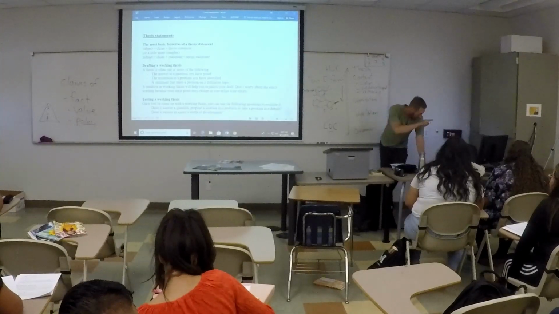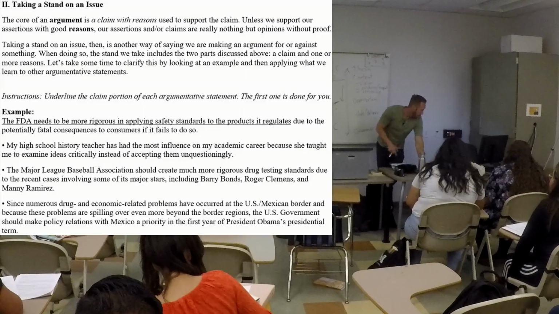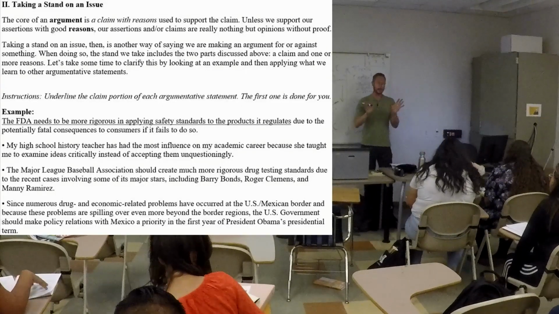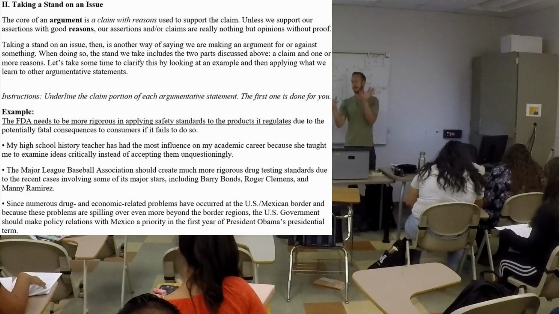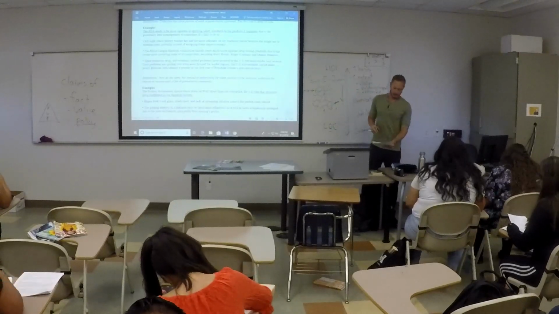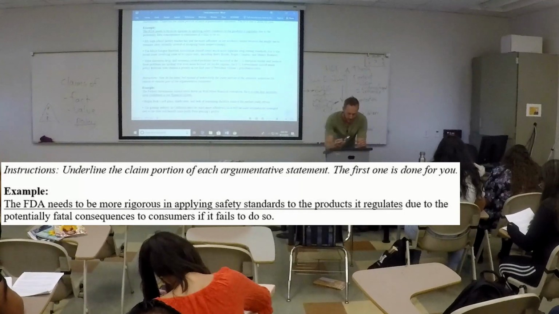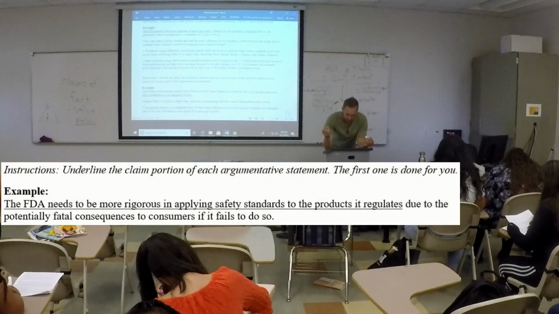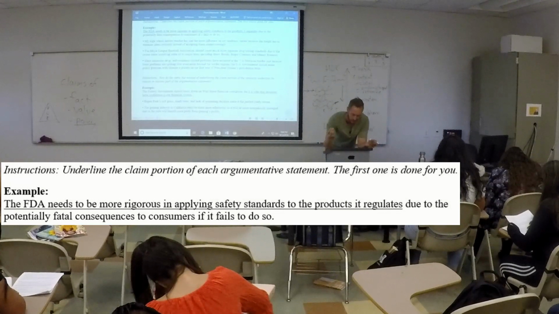Anyway, the other part down here, we've got examples of the difference between a claim section and a reasoning section of your thesis statement. And there's a clear difference. So you've got this example here. The FDA needs to be more rigorous in applying safety standards to the products it regulates due to the potentially fatal consequences to consumers if it fails to do so.